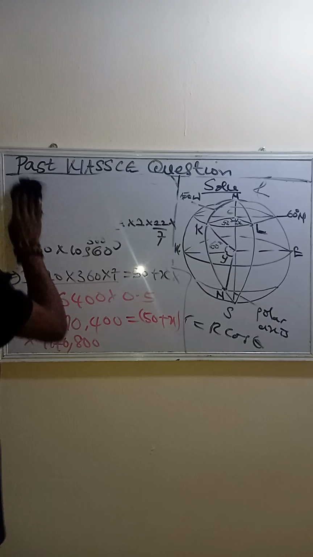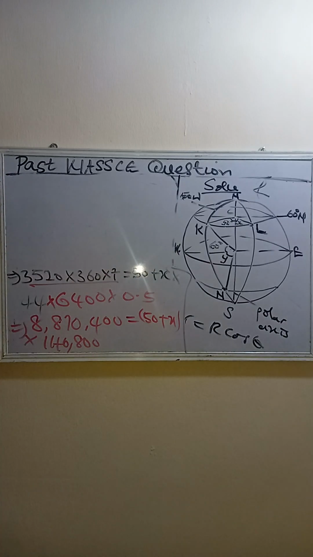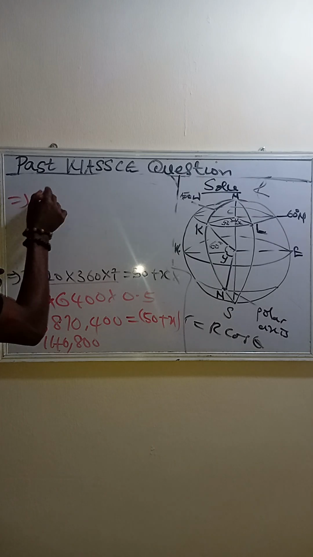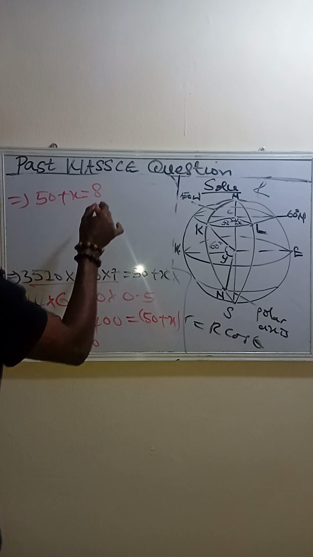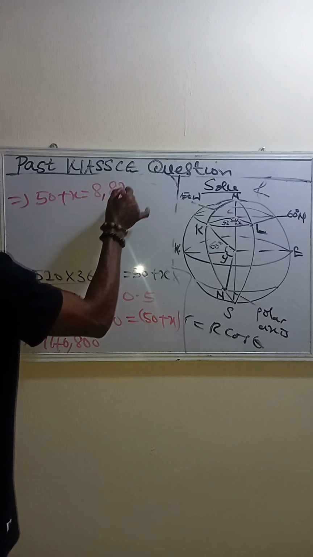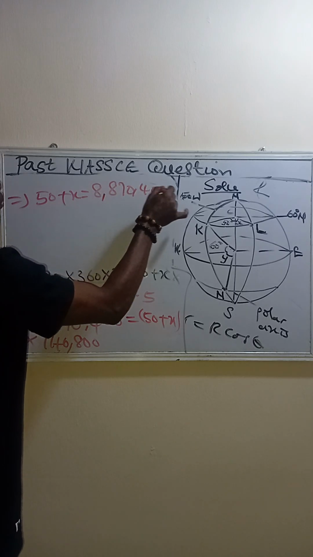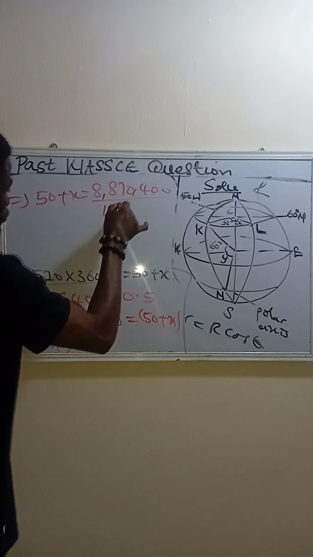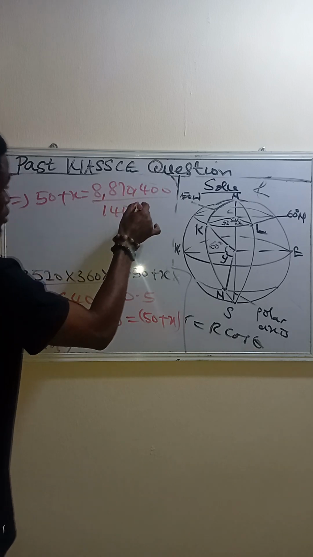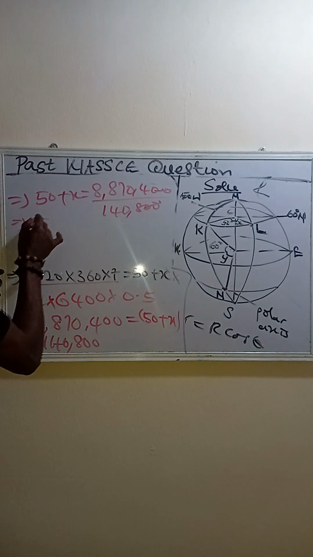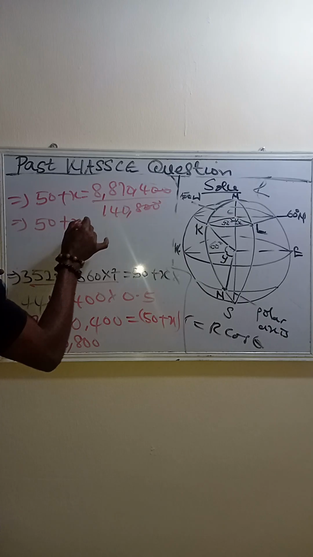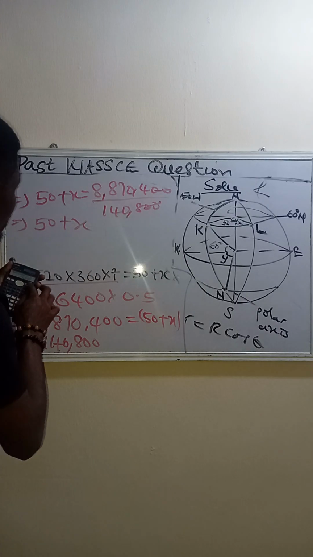So you divide both sides by 140,800. We are going to have 50 plus x equals 8,870,400 divided by 140,800. So let's divide it and see what we are going to have.